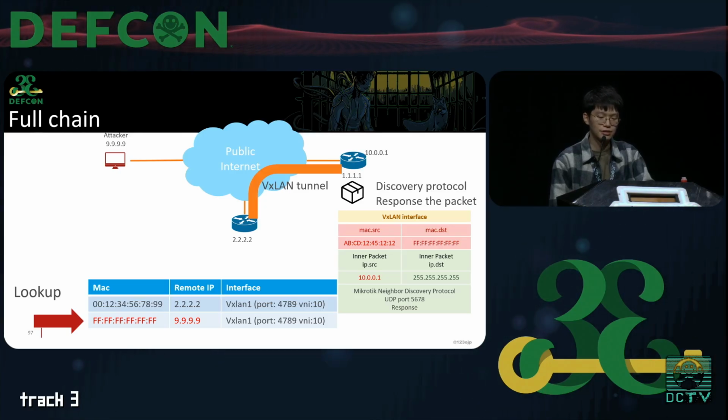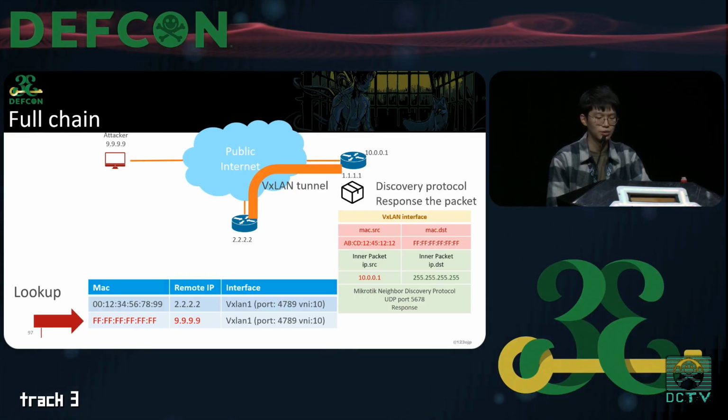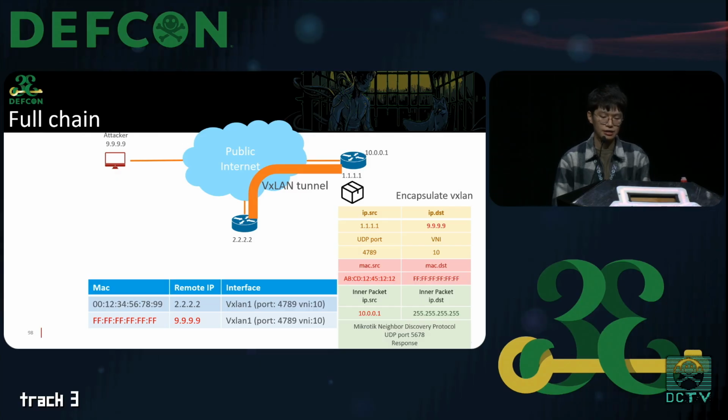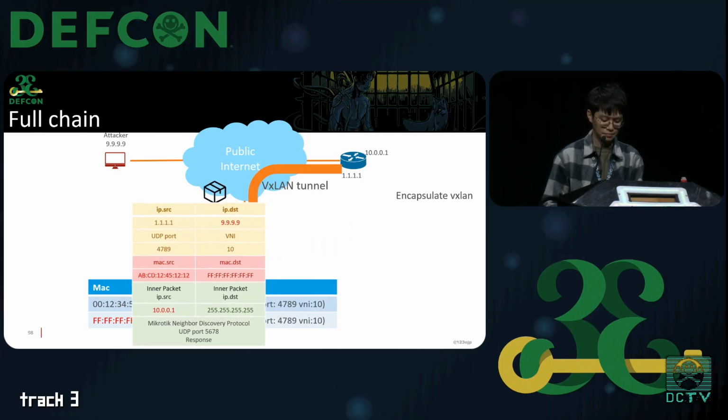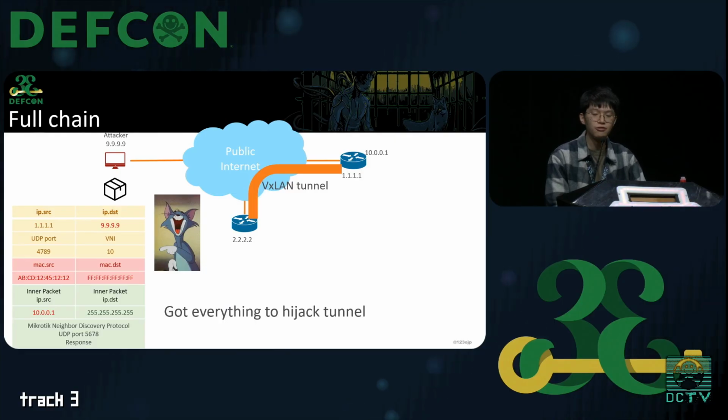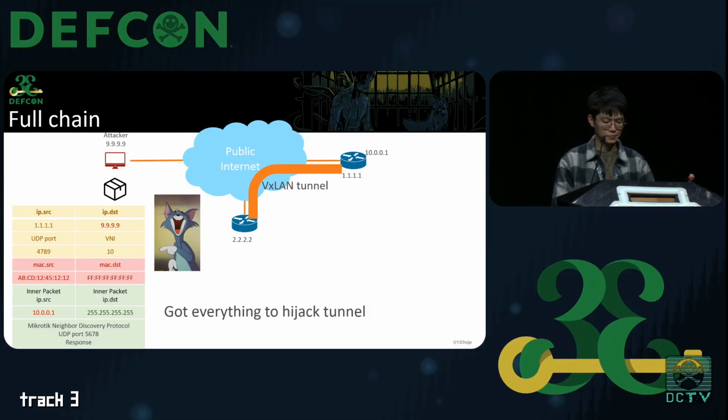It checks the FDB table and finds that the destination is 9.9.9.9, which is the attacker IP. So the router will send the packet to the attacker. Then the attacker has everything to hijack the terminal.